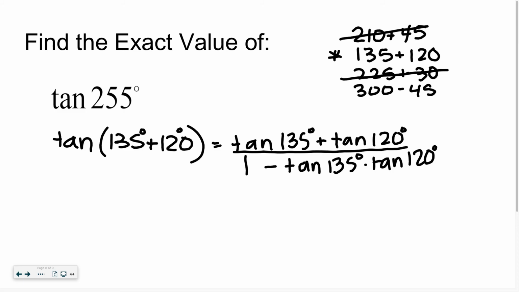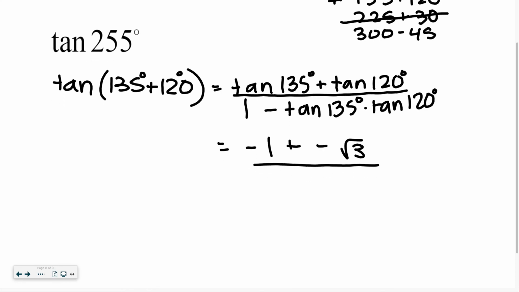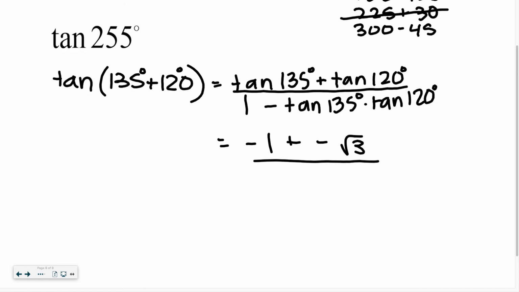Okay, what is the tangent of 135? Negative 1. And the tangent of 120? Negative square root 3. They're both in quadrant 2, so the tangents have to be negative, right? By All Students Take Calculus. Okay, and then I have 1 minus negative 1 times negative square root 3.